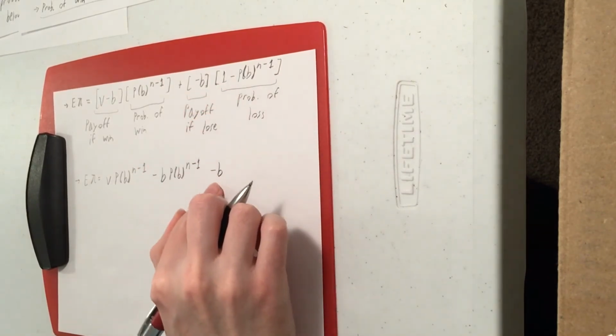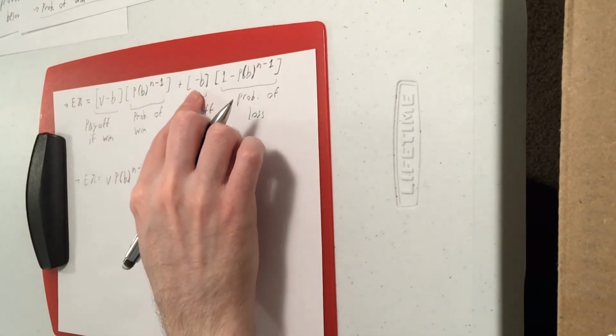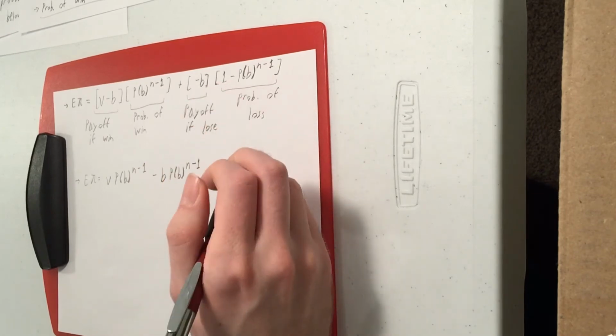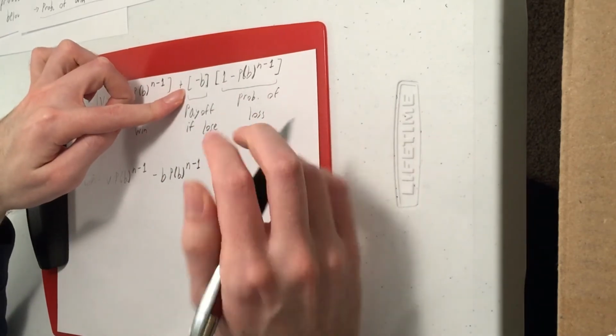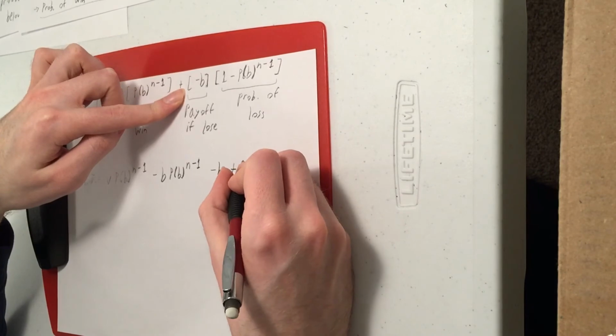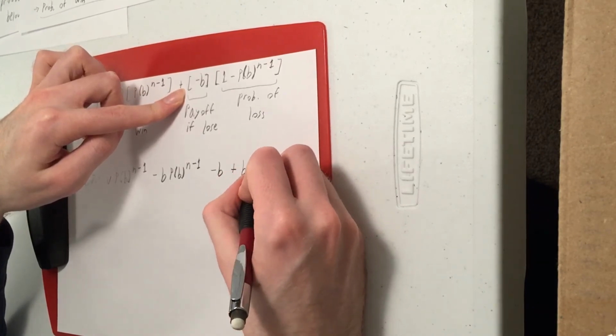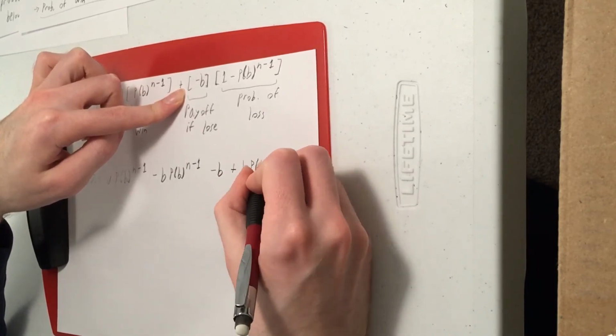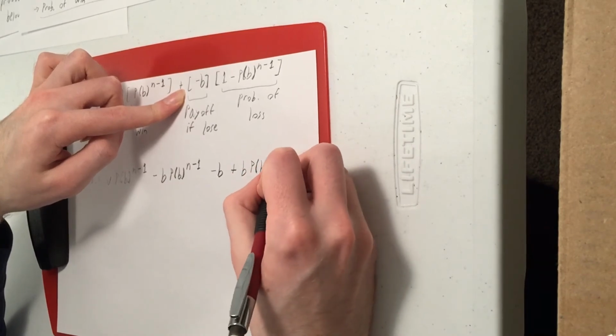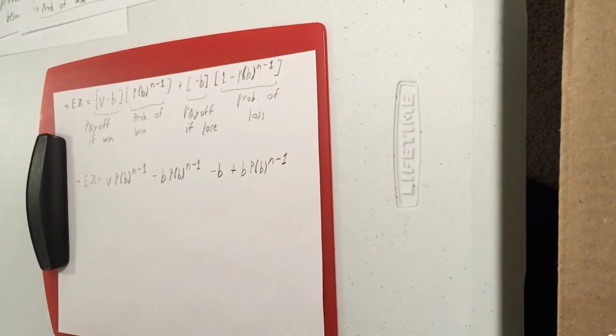Minus B times 1 is just minus B. Then minus B times a minus, so 2 minuses give me a plus. So I have plus B times P of B to the power of n minus 1.